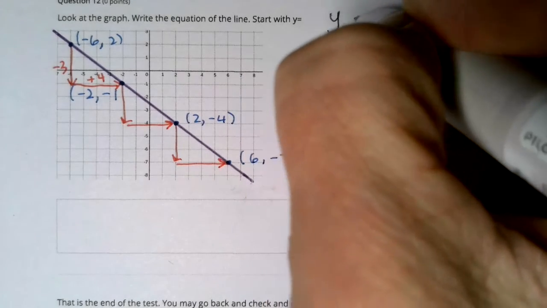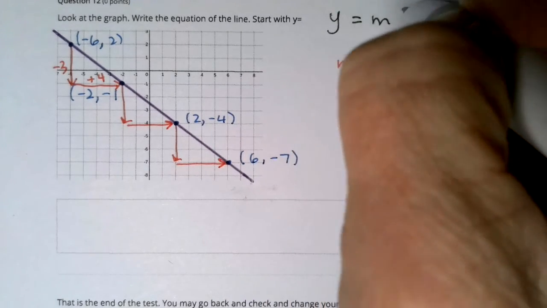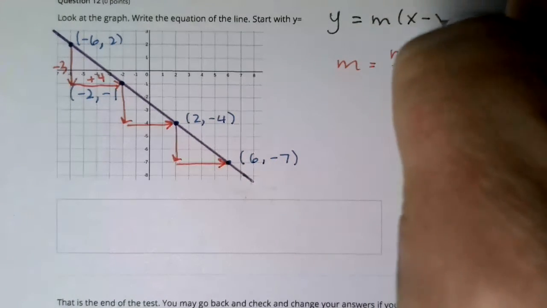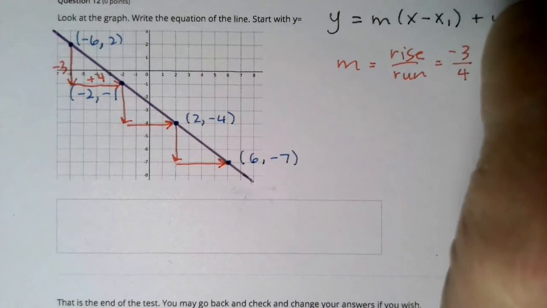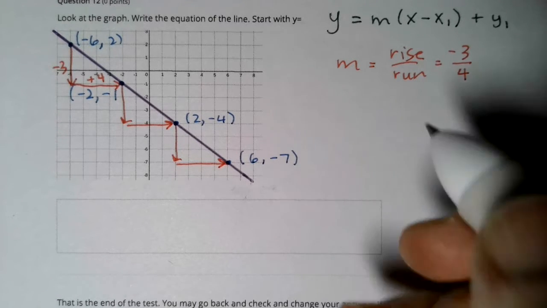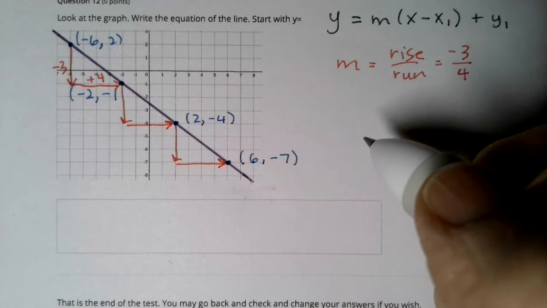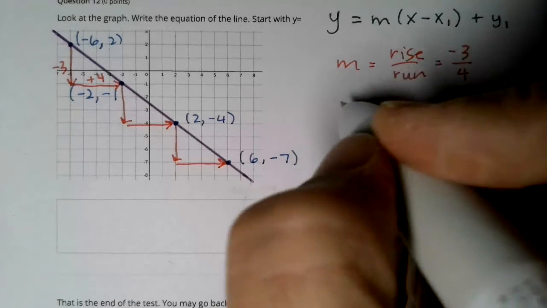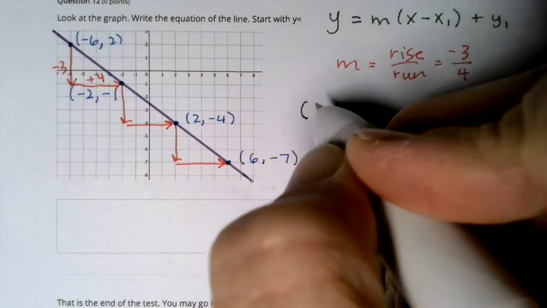So remember that point slope form is y equals m times x minus x1 plus y1. That's what we're looking for when we're writing equations of a line. I'm going to give you a couple of examples here for writing equations because there are multiple answers and you might have different things.